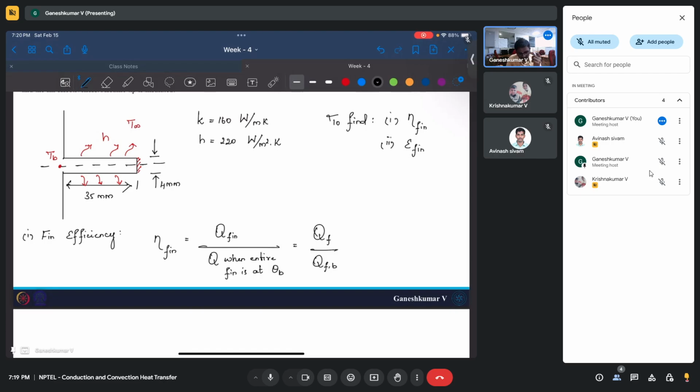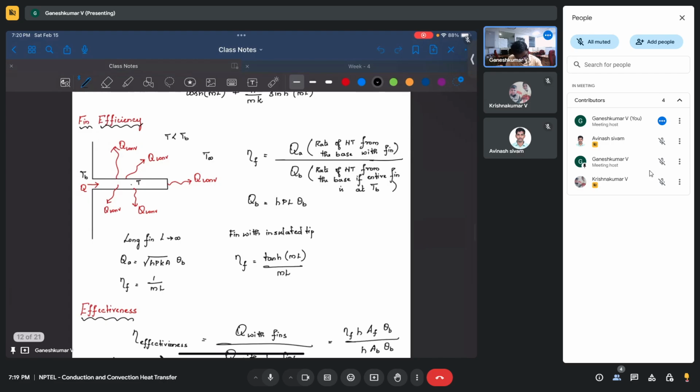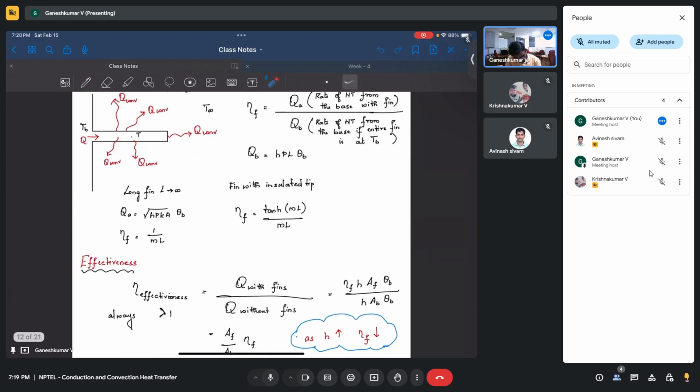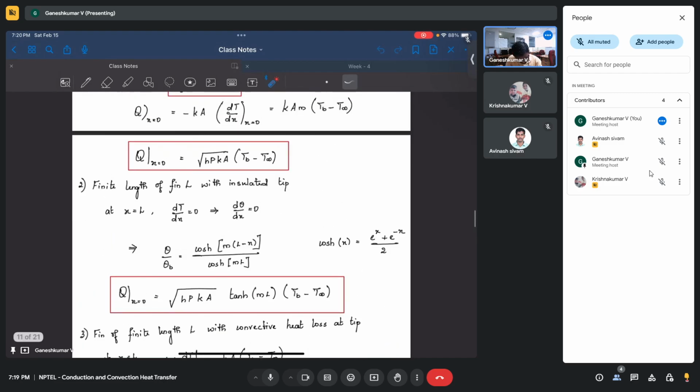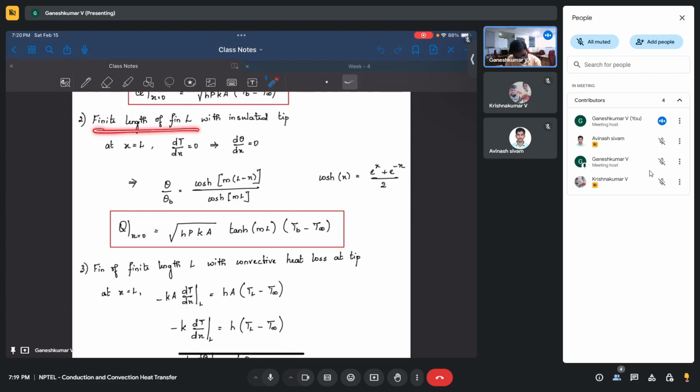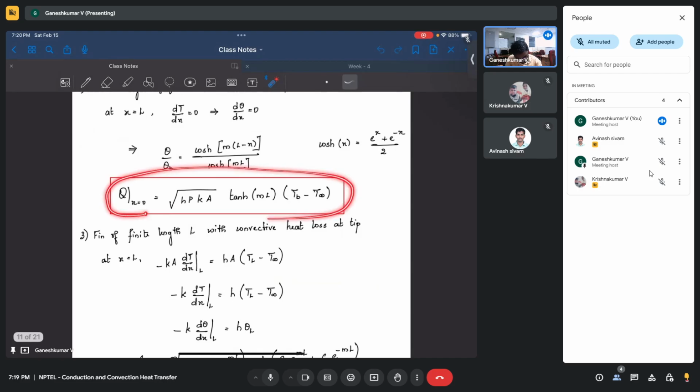So if you go back, this was our Q for a long fin. When the fin tip is insulated, our efficiency is tanh(mL) by mL. So you have a finite length of fin with an insulated tip, for which the total heat transfer rate is root of hPkA tanh(mL) times (T_B minus T infinity).